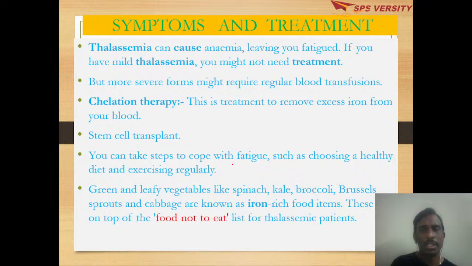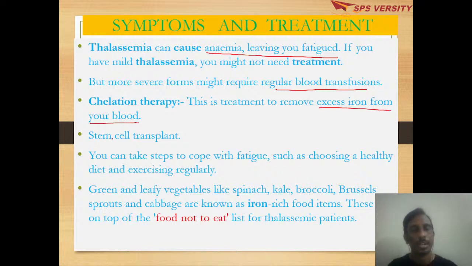What are the symptoms? Thalassemia can cause anemia, which leads to fatigue very easily. So it requires regular blood transfusions, and there is chelation therapy, a treatment to remove excess iron from your blood, and there is stem cell transplant. Next, you can take steps to manage fatigue, such as choosing a healthy diet, exercising regularly and taking green leafy vegetables.